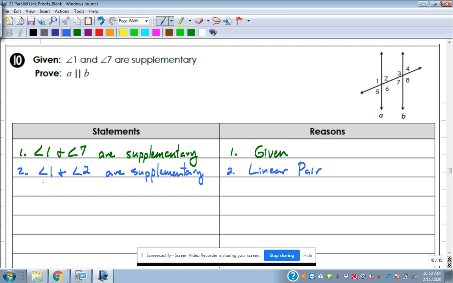Not through transitive property. No, not alternate interiors. Congruent supplements theorem. So what's our statement got to be for that? If angle 1 and angle 7 are supplementary, and angle 1 and angle 2 are supplementary, you could say angle 2 is congruent to angle 7 through congruent supplements theorem.